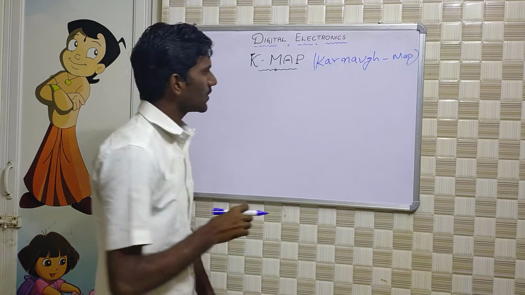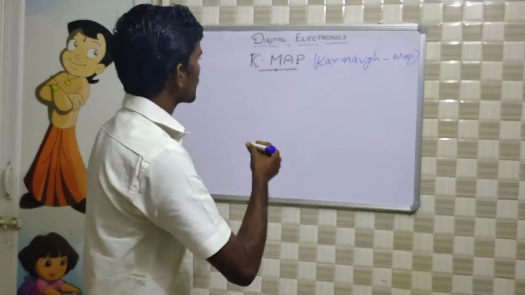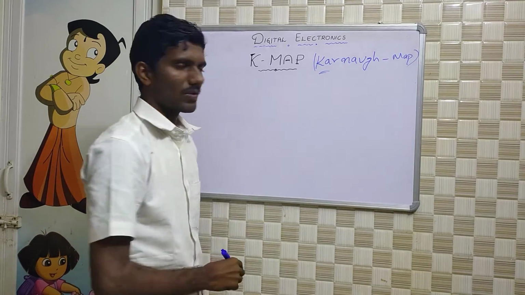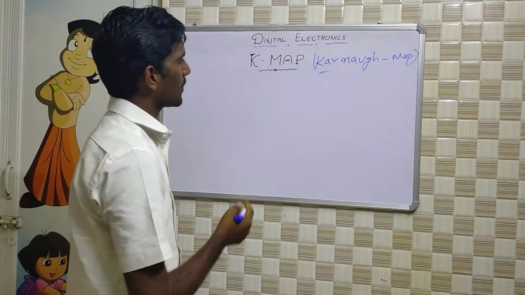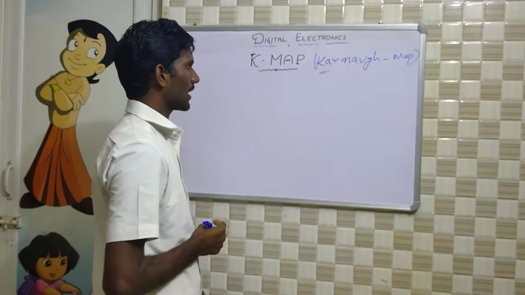It was invented by the scientist Karnaugh, and because of that we call it so. Karnaugh is taken from the American physicist and mathematician Karnaugh, so we call it K-map.